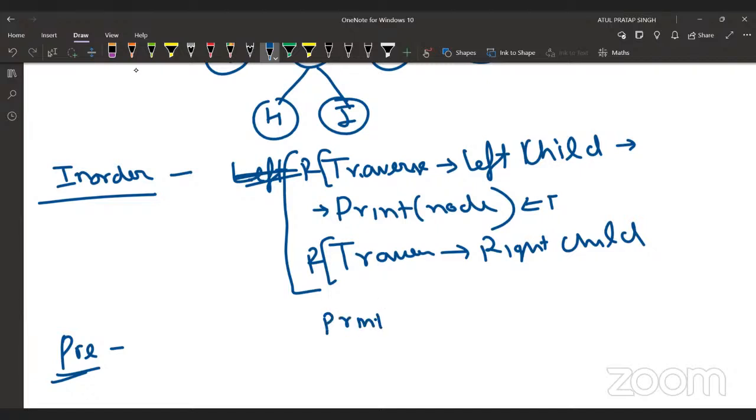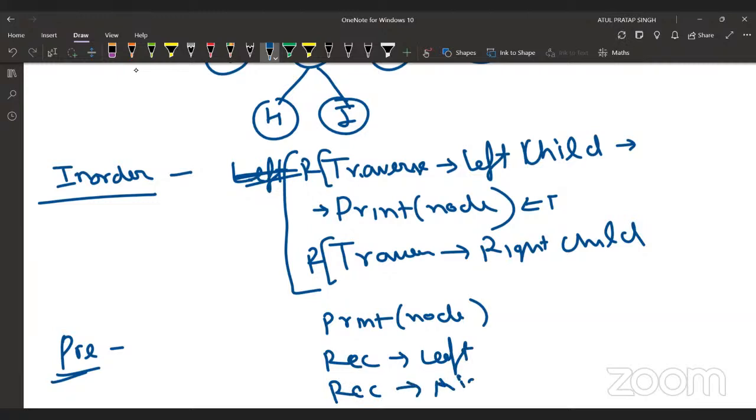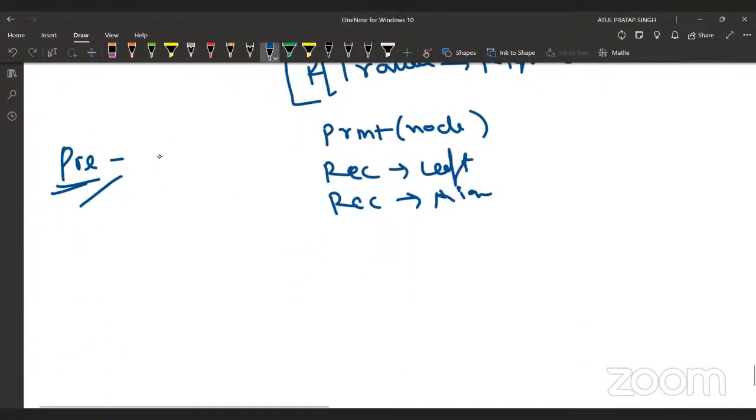We write the print step first, and after that we recursively call on the left child, and recursively call on the right. That means if we shift the print step before the recursive call on the left child, it becomes a pre-order traversal. Same for the post-order traversal.